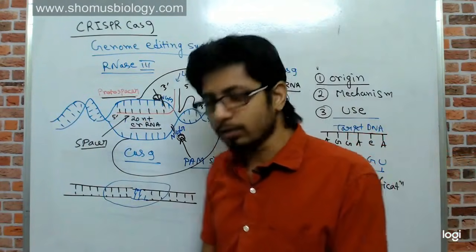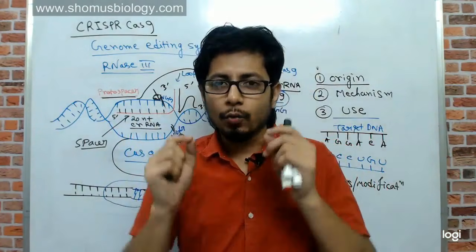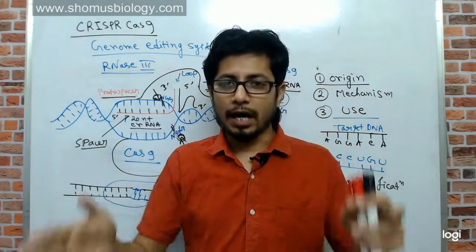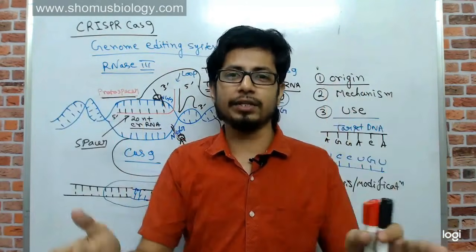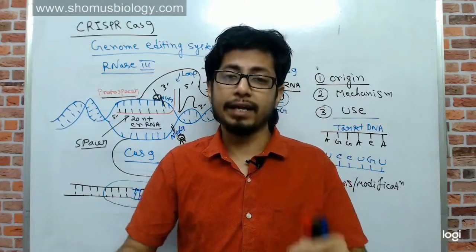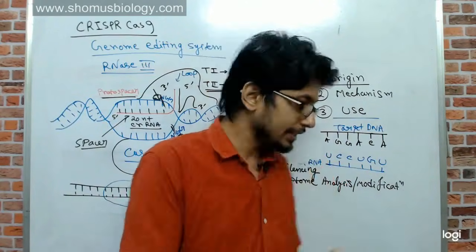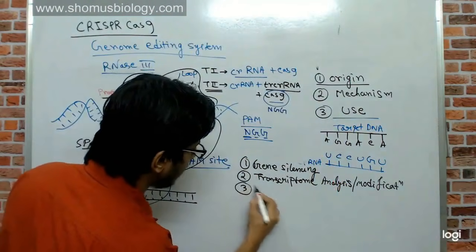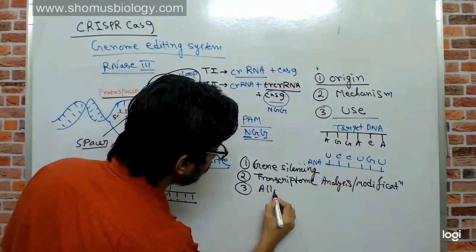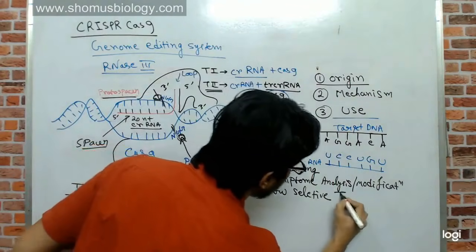So without designing anything else, by providing a target RNA, we can transcribe our target DNA region inside of the cell, and we can amplify the number of RNA from that stretch of the target DNA, as many as we can. So this is the third very important use, that is, we can allow selective transcription.